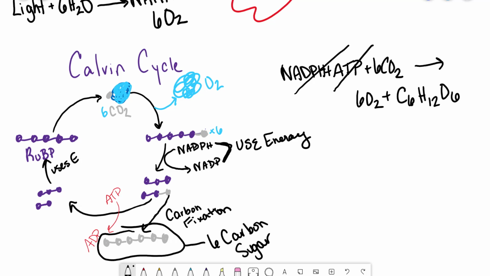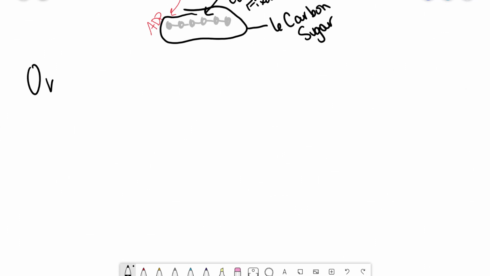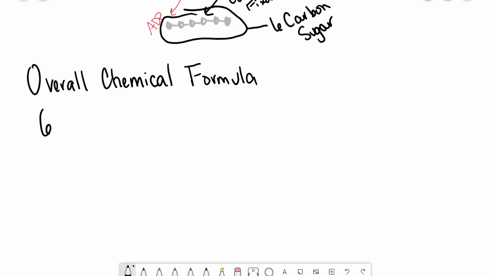So what does that give us in our overall chemical formula for photosynthesis? I'm going to move this over here. Overall chemical formula. This is where the rubber hits the road. This is the important thing here. All of this to learn this. We are going to take 6 waters and split it, remember? And we are going to take 6 carbon dioxides and fix it. And of course, we need that light energy.